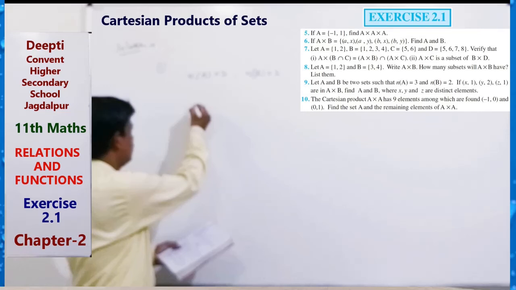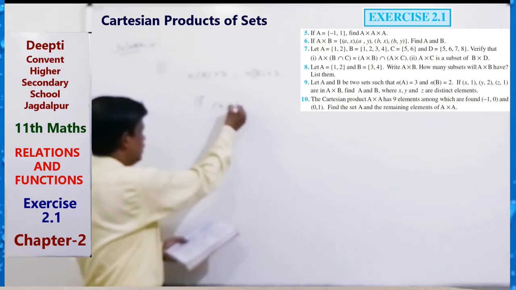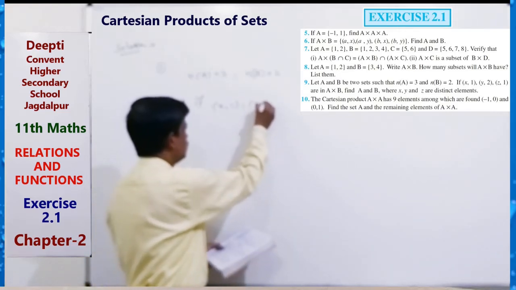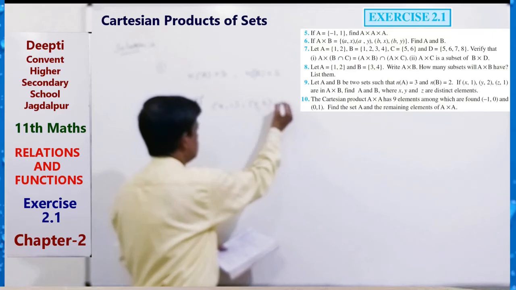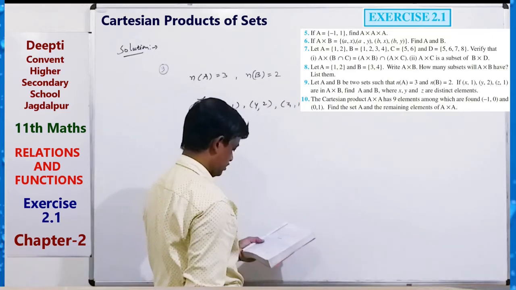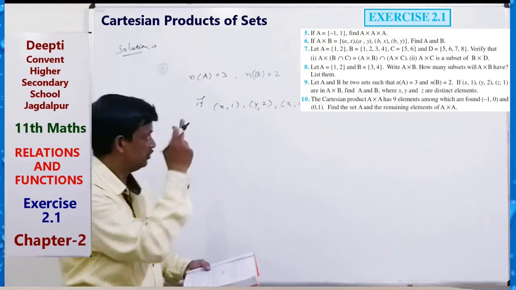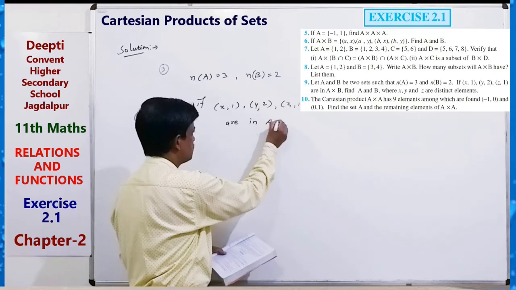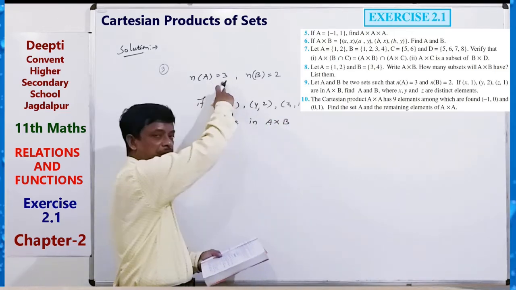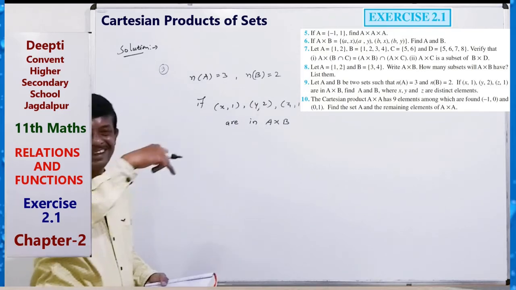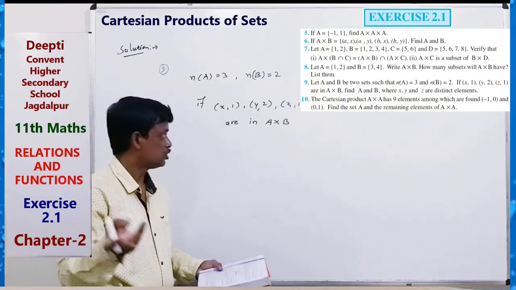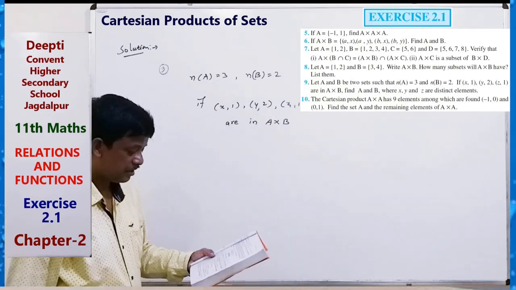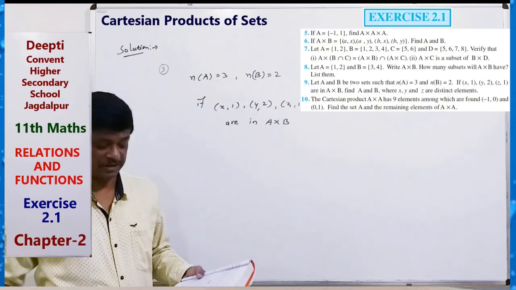And if (x,1), (y,2), (z,1) are in A cross B, where x, y, z are distinct elements. A having 3 elements and B having 2 elements means A cross B has 6 elements, so out of 6, these are 3 elements.